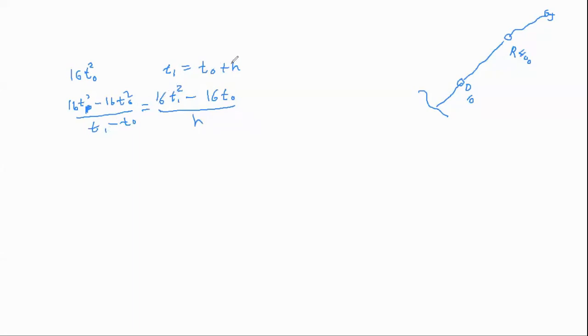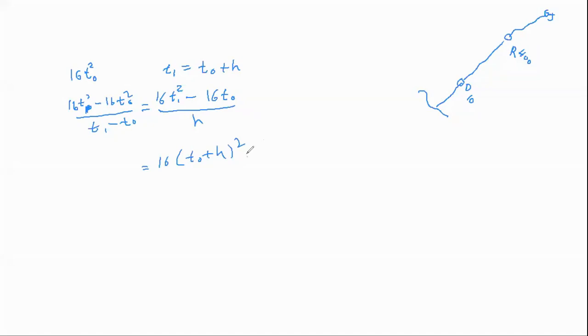So you have 16 t1 squared minus 16 t0 squared over h, right? We can go ahead and say this is equal to 16, and I'm going to put here t0 plus h, all squared. Did I change anything? I just put back what t1 is. t1 is t0 plus h, so I put t0 plus h squared, right?